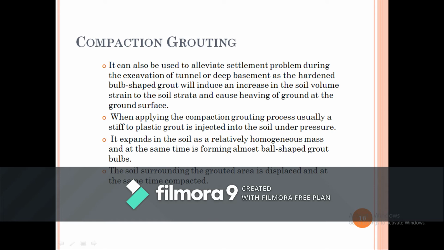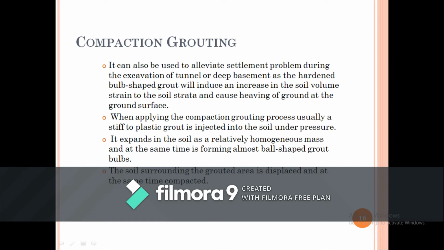You are using compaction grouting to alleviate settlement problems in the excavation of tunnels as well as deep basements, because when a bulb-shaped grout is created, it increases the soil volume and the strains are also increased because of the grout being injected into the soil. It also causes heaving of ground at the ground surface.